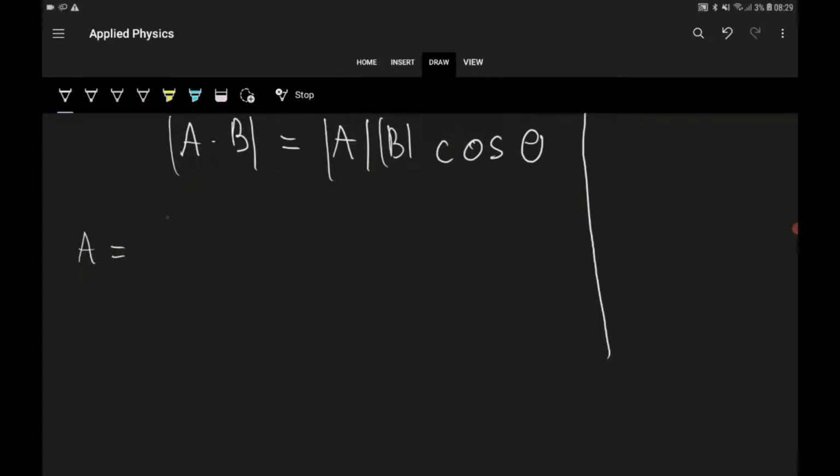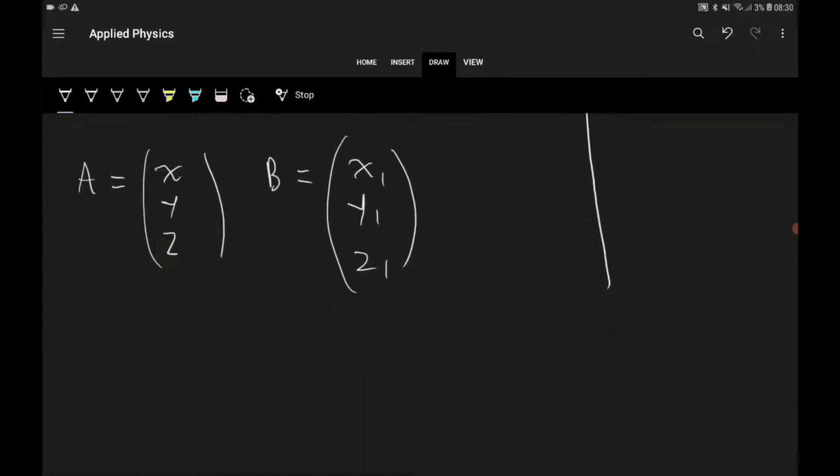Let's say you have a vector x, y, z, and a b vector x1, y1, z1. The dot product of both of these is as simple as just writing them down in their column vector forms together. That really helps do it.